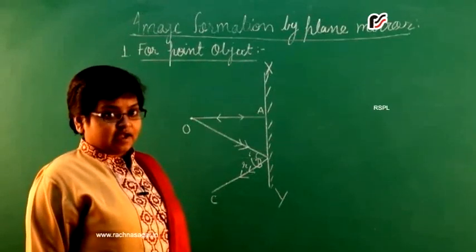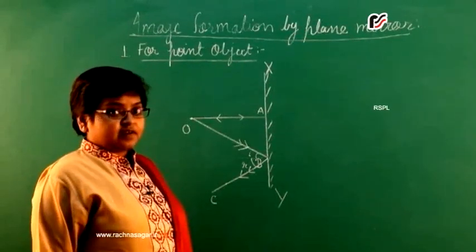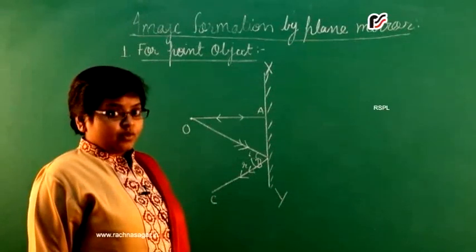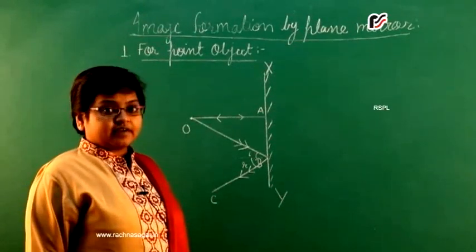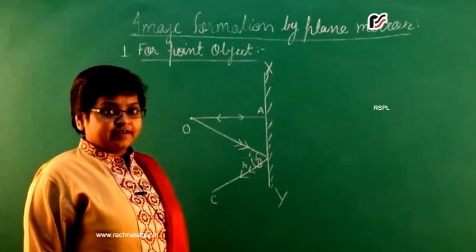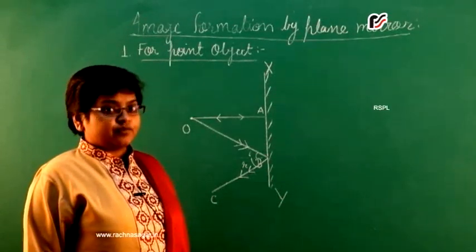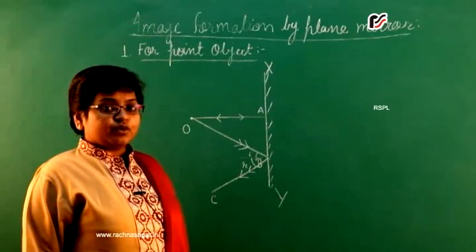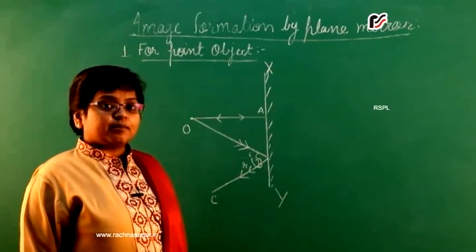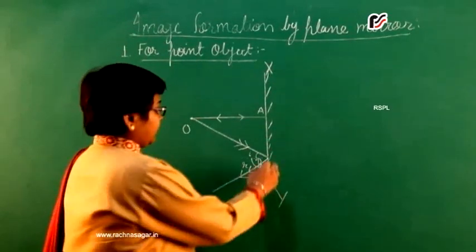Here we observe that the first reflected ray, that is AO, and the second reflected ray BC never intersect each other on the same side of the object. So we produce these two rays in the back of the mirror.